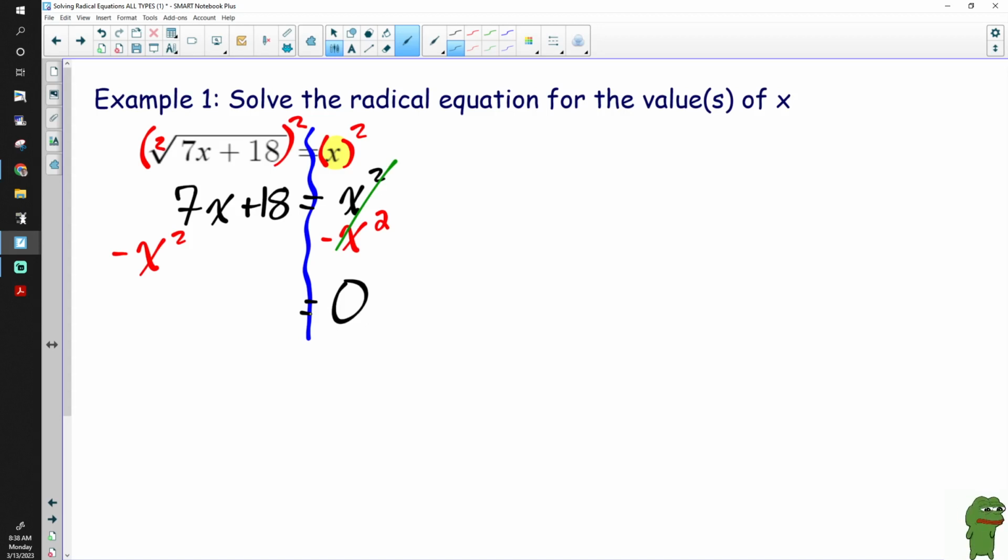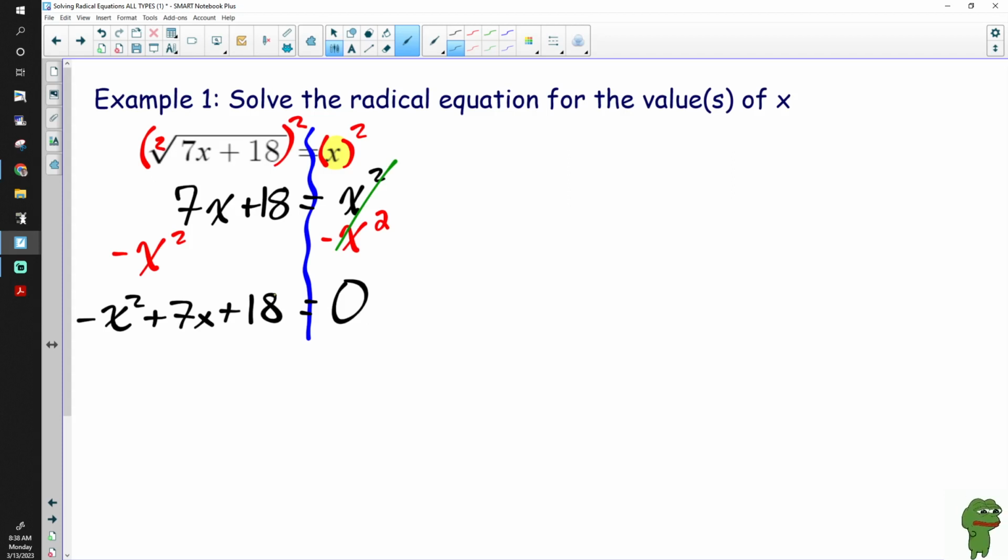Okay, so make sure you keep it in the correct order. Because you can't just have them in any order and just go A, B, C. So this would be negative x squared plus 7x plus 18. So see how my exponents go from biggest to smallest? So I know that this is an A, B, C order. And once you are here, we have to do the x method.